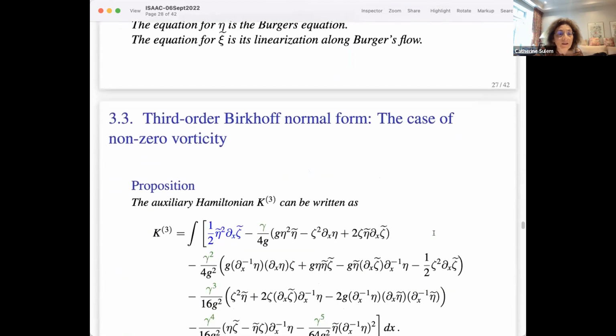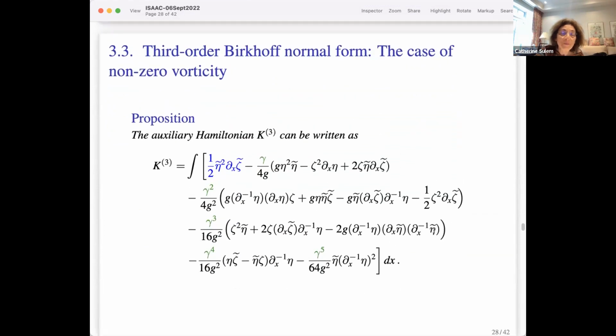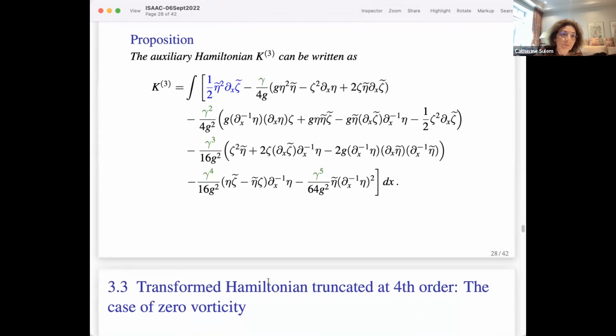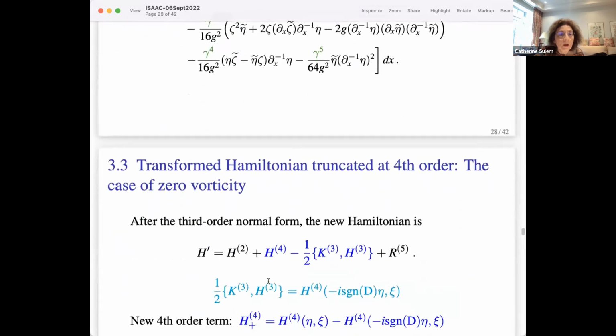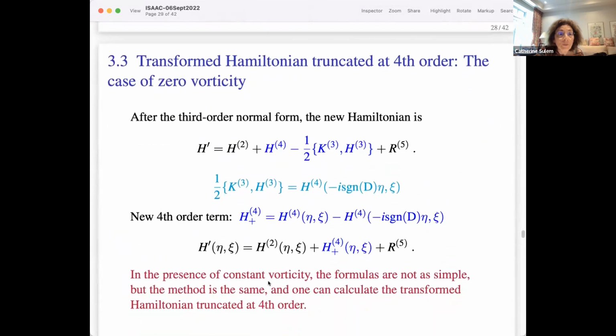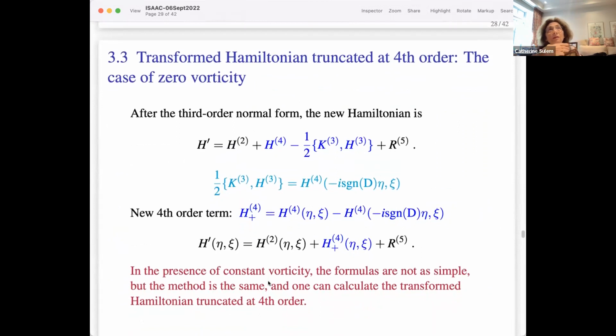Now, in the presence of non-zero vorticity, this auxiliary Hamiltonian is much more complicated, but still it's possible to write it down. It has a long expression, which doesn't matter, but we can still compute it. So back to our transformed Hamiltonian, we have eliminated third order. We're looking at what remains at fourth order. At fourth order, again, in the case of zero vorticity, the Hamiltonian has a very simple form.